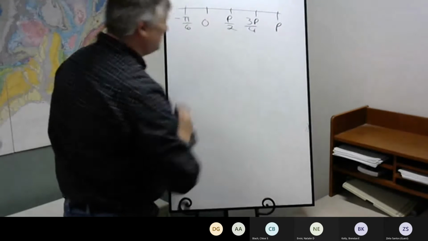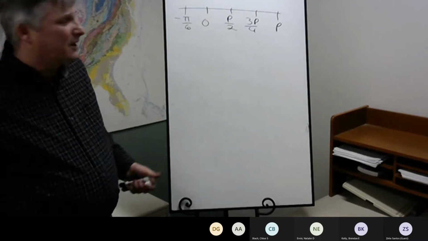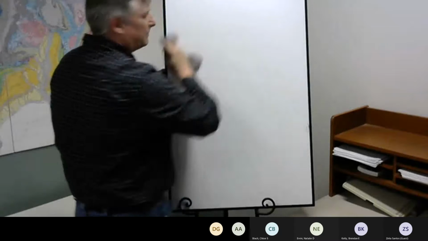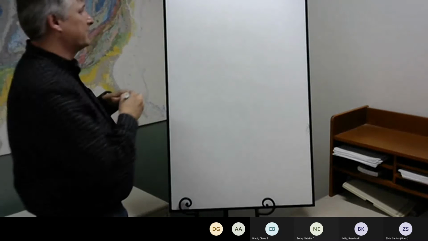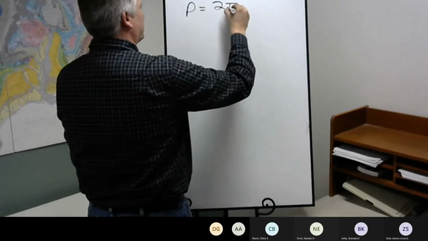Now, an easier way you can actually do this, and this is going to kind of be a headache. So let me show you something else. We know the period is 2 pi over 3.